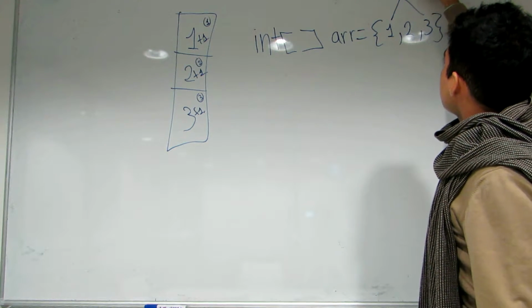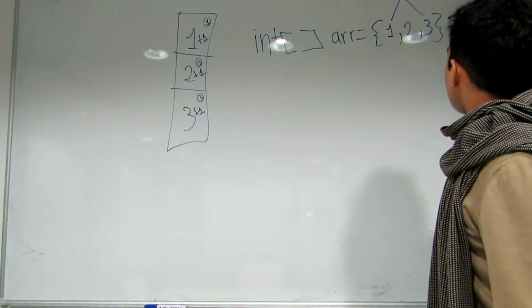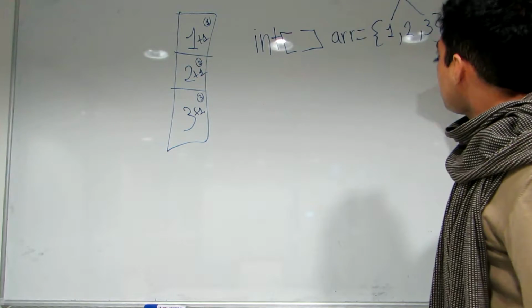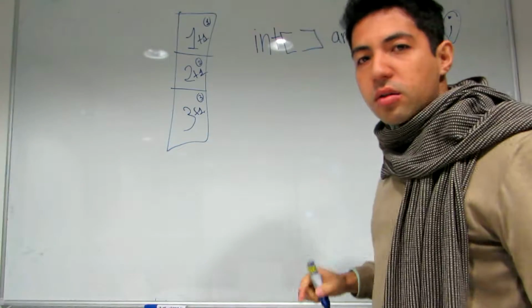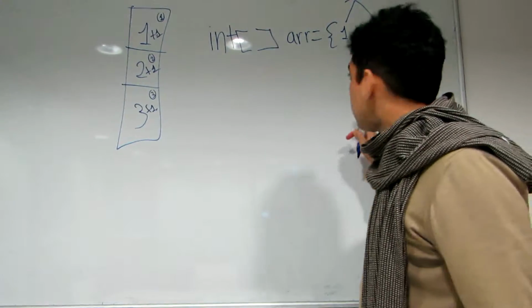So 3 elements. This is the first thing you need to do. Remember, in Java, you always finish with a semicolon. So that's why you need to put that.